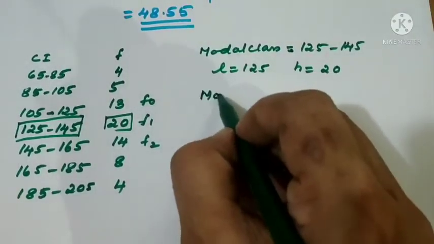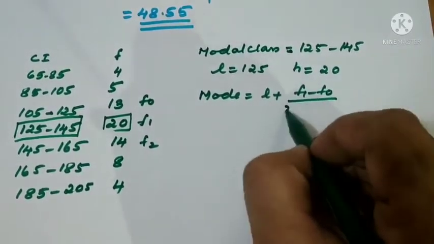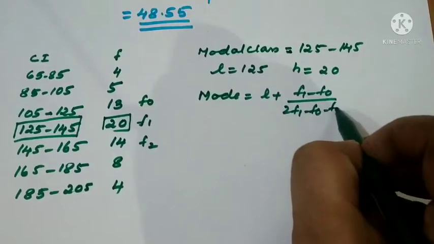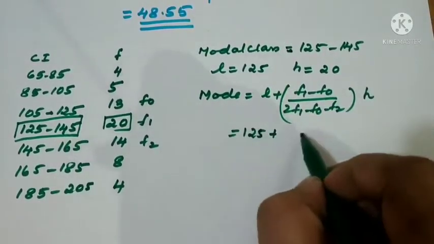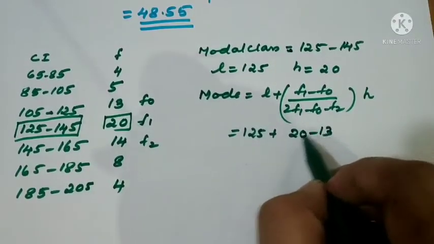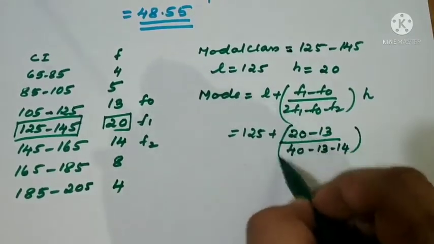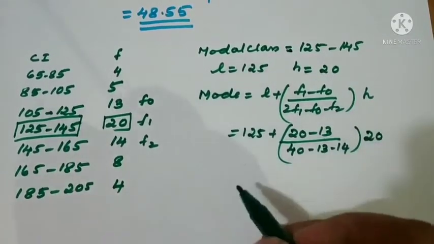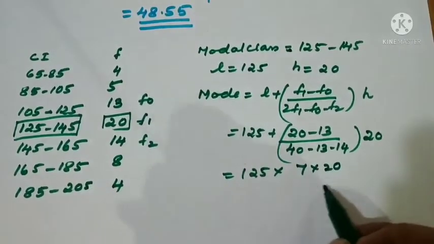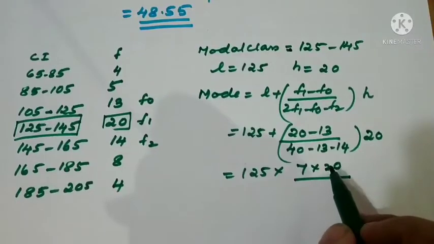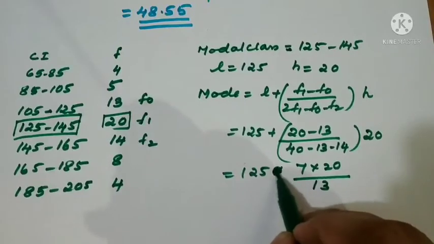Now mode formula equal to L plus f1 minus f0 by 2f1 minus f0 minus f2 into h. So 125 plus 20 minus 13 by 40 minus 13 minus 14 into h is 20. So 125 plus 7 into 20, what is the denominator? 40 minus 27, so it is equal to 13 only, sorry, here plus.